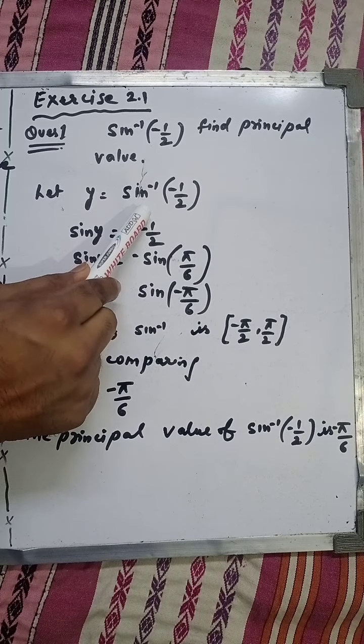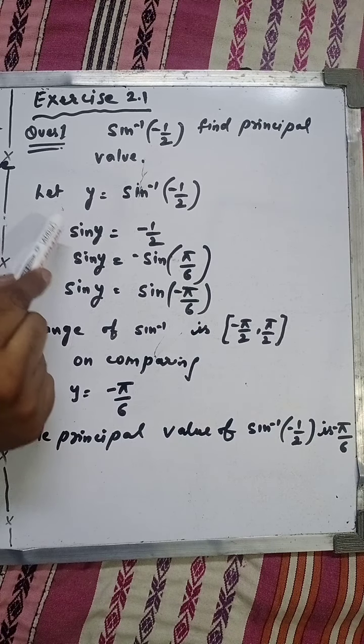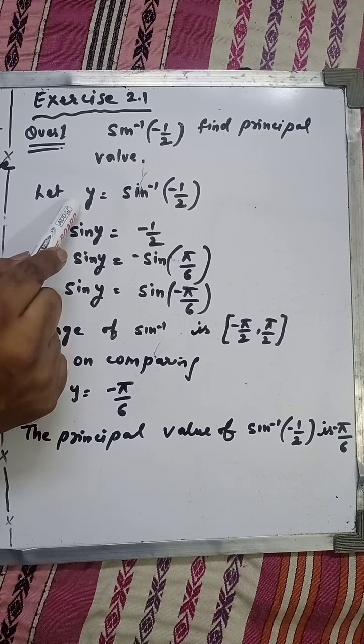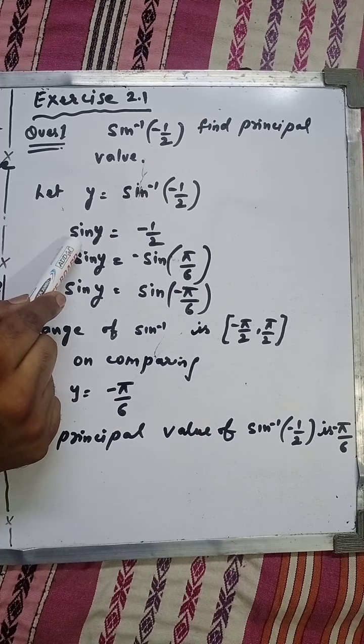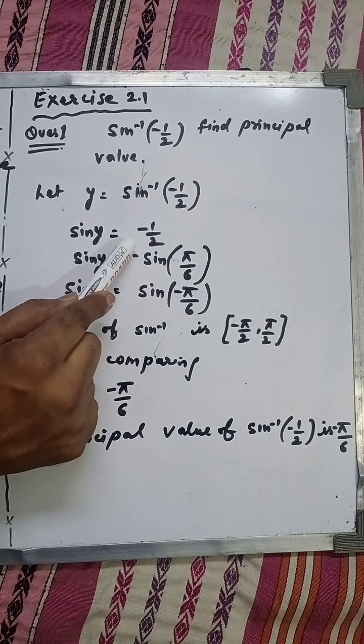So sine inverse will come on your left hand side, so it would be sine y, and this minus 1 by 2 you have to write on the right hand side. Now, as you know, the value of sine at 1 by 2, you have to see, so 1 by 2 comes at sine 30.